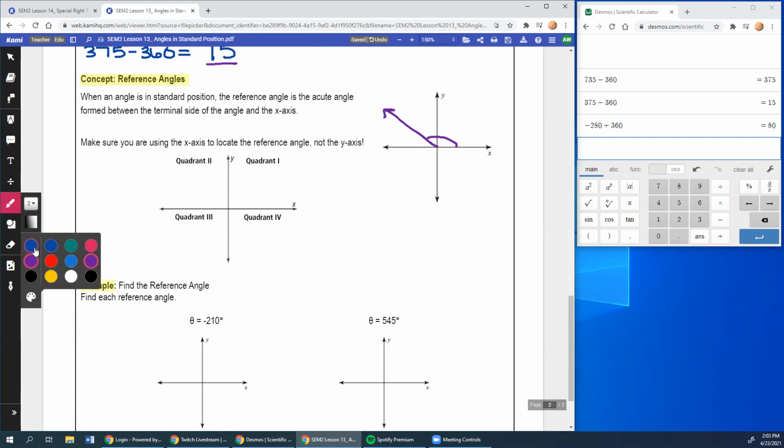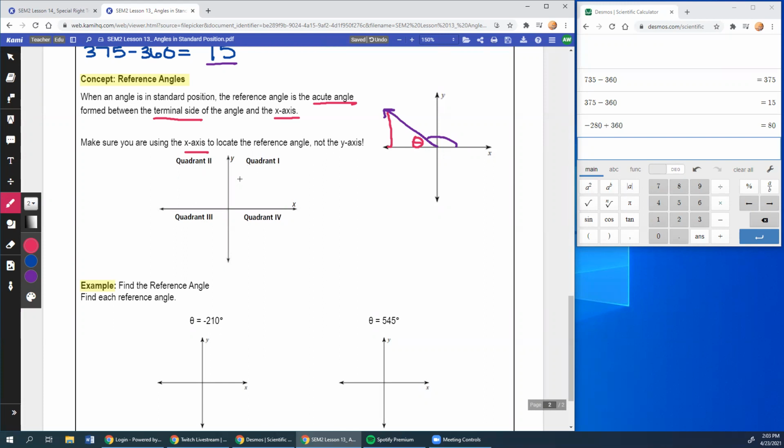The reference angle is the acute angle formed between the terminal side and the x-axis. So what we're going to do with this terminal side, we drop a vertical, and our reference angle is right here in between the terminal and the x-axis. It is always going to the x-axis. So make sure you're using the x-axis to locate the reference angle, not the y-axis.